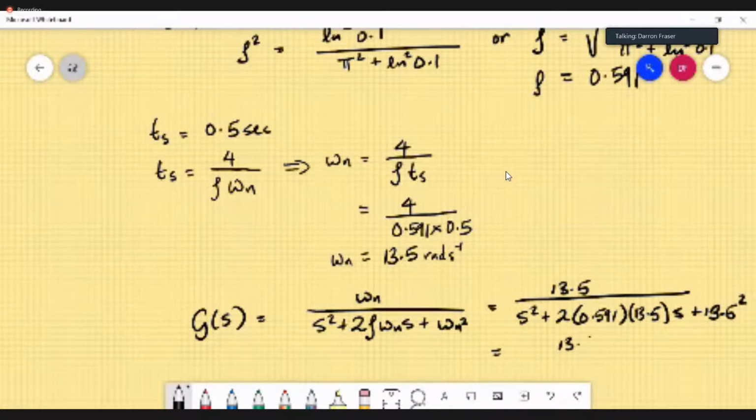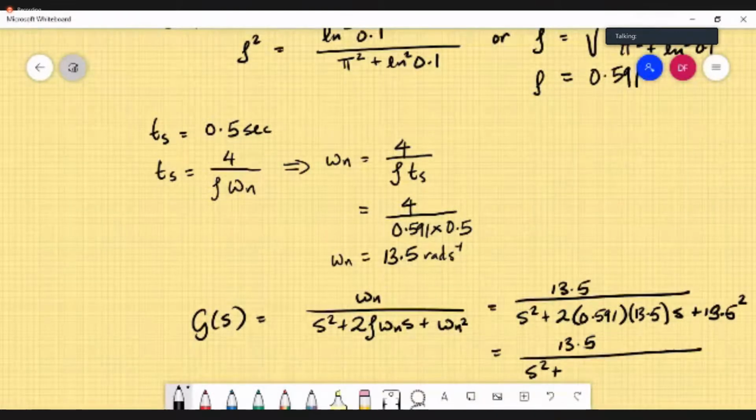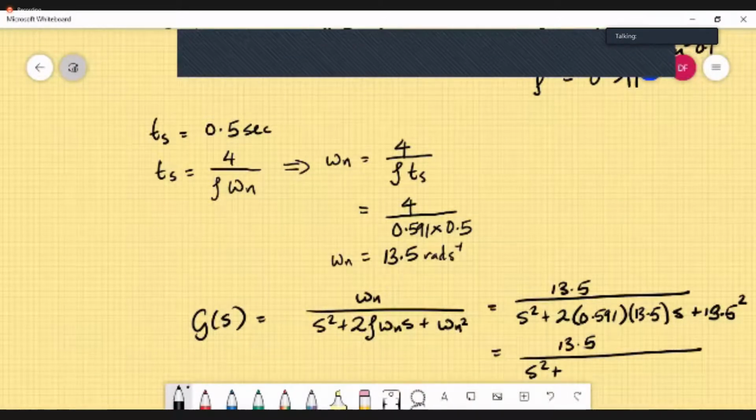That's 13.5 squared over s squared plus 2 times 0.591 times 13.5. Get 15.96.